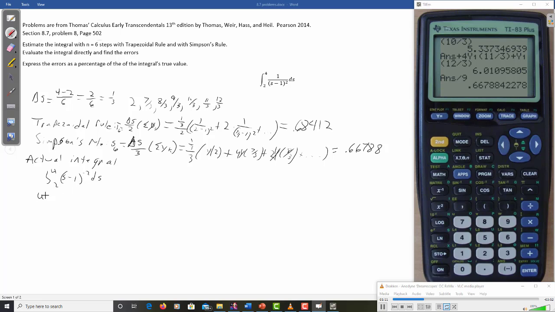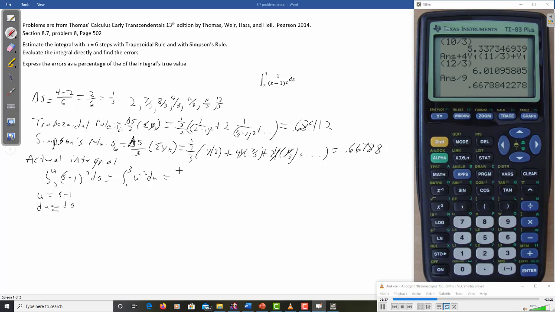So if we let u equal s minus 1, du is ds. Might as well convert the limits over as well. 2 minus 1 is 1. 4 minus 1 is 3. This becomes u to the -2 du.